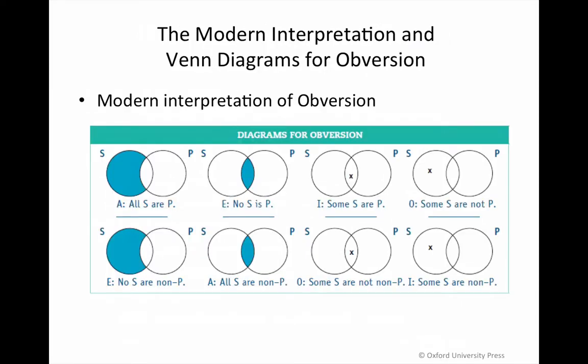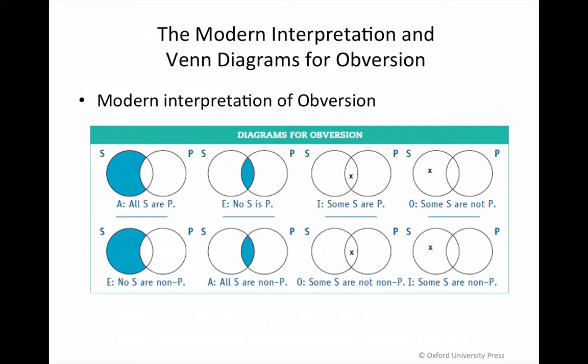Remember I mentioned when discussing the slide that began the discussion of immediate inferences that are not on the square of opposition, I said that obversion is valid for all four claim types.